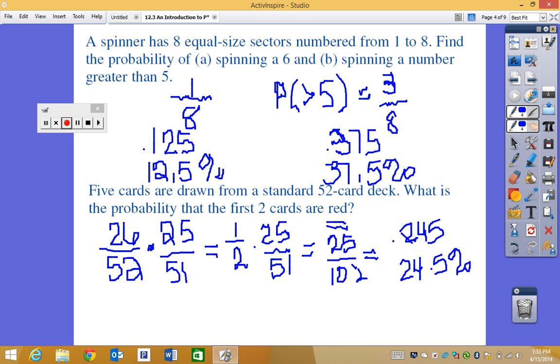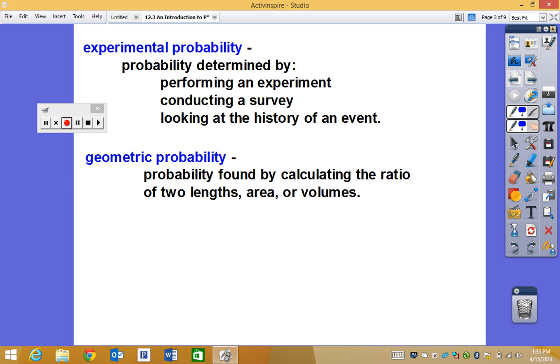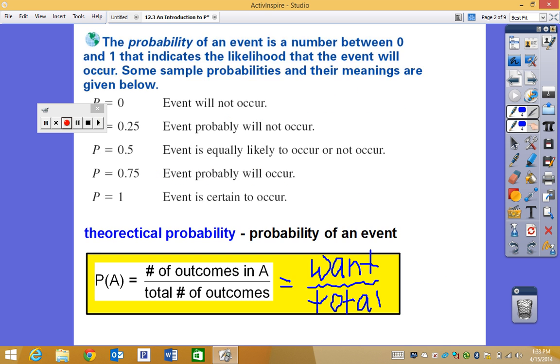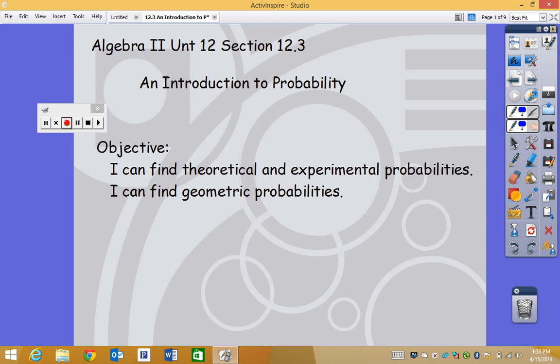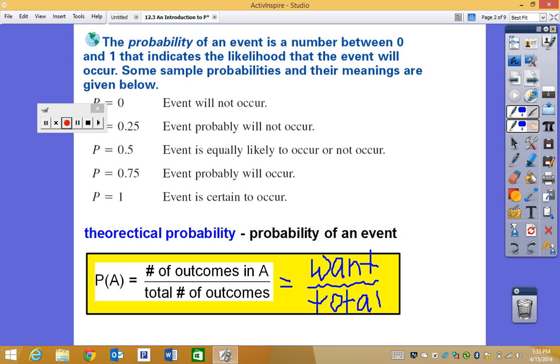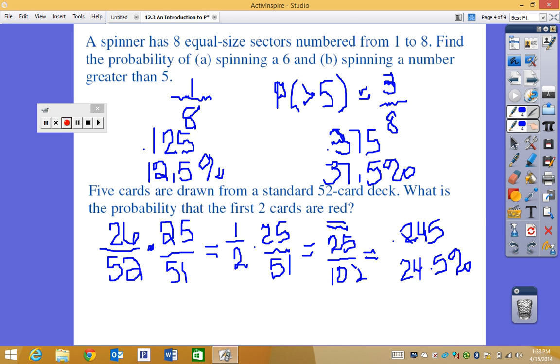The second way that we can do this problem is to use combinations. Taking a look back at the definition of probability, it is the number of outcomes in the event that I'm talking about divided by the total number of outcomes. What I'm talking about in this example is red cards.